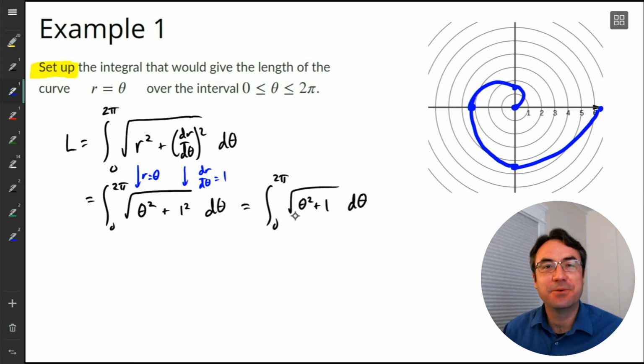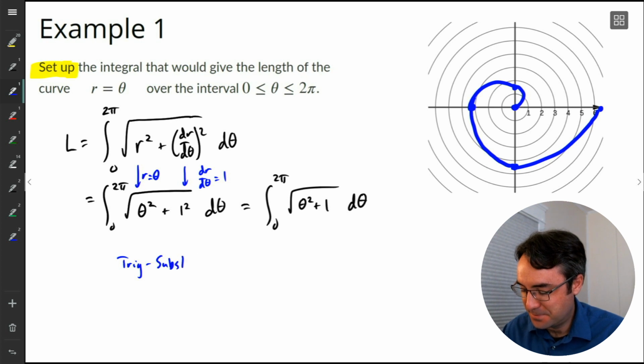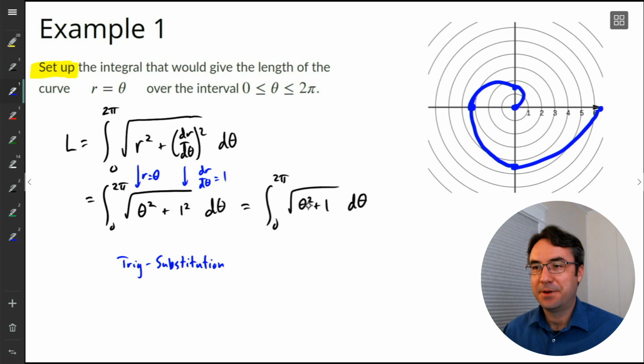Well, square root function, 1 plus a variable squared, trig substitution. Now, theta here is our variable. This isn't necessary for the setup here, but if we wanted to go further with this, what would we do?